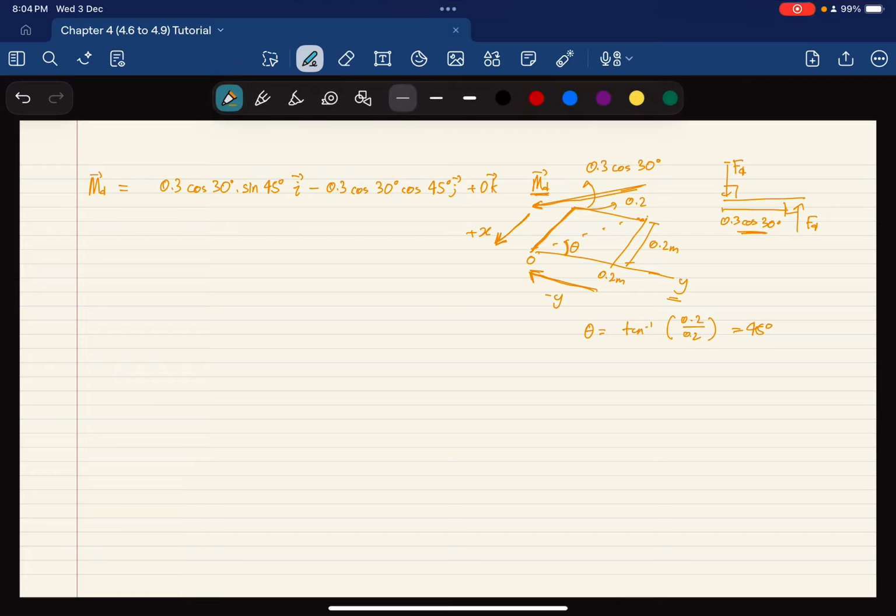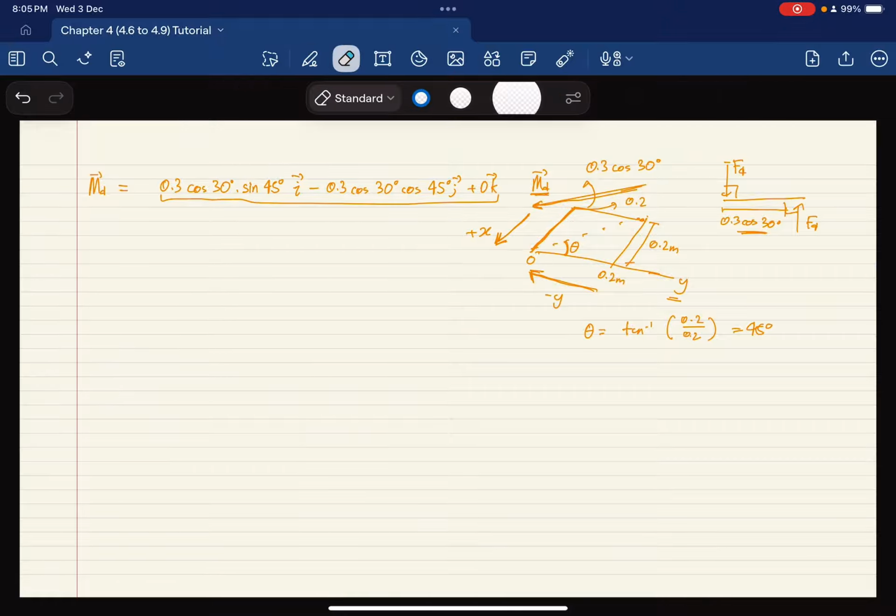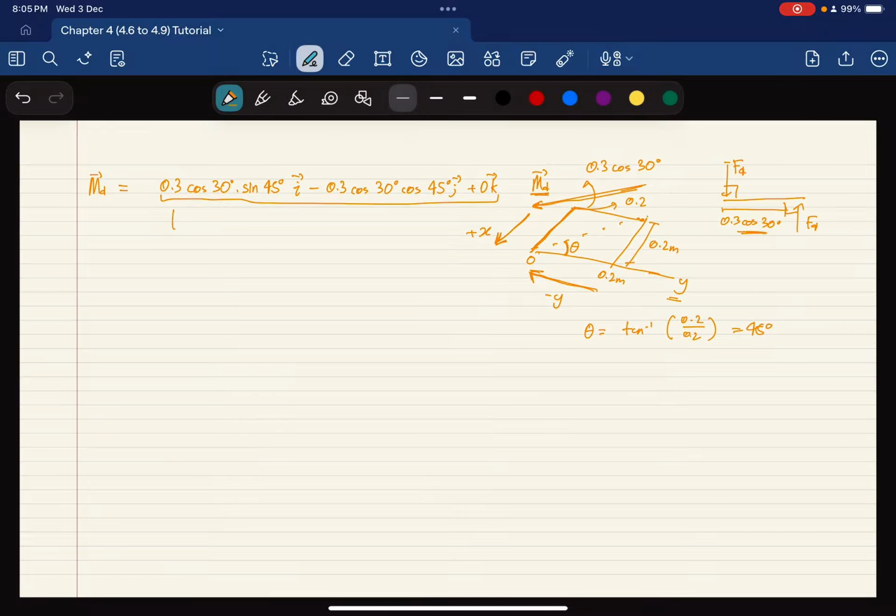Okay, so that is basically it for M4. It's a bit tricky, I know, because it's not lying directly on the x and y axes.